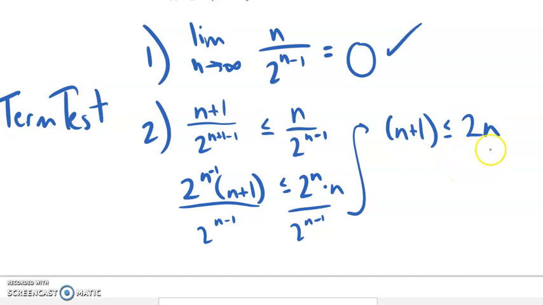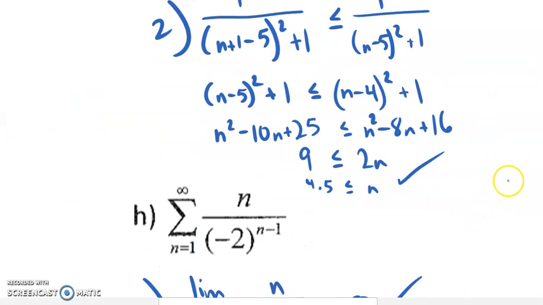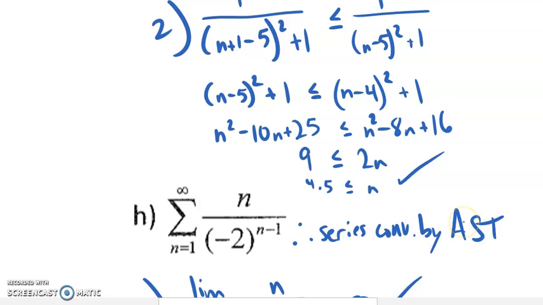Okay, so we can subtract n from both sides, and we'll see that n is greater than or equal to 1, which is true. So that means that this series passes both parts of the AST. Therefore, the series converges by the alternating series test.